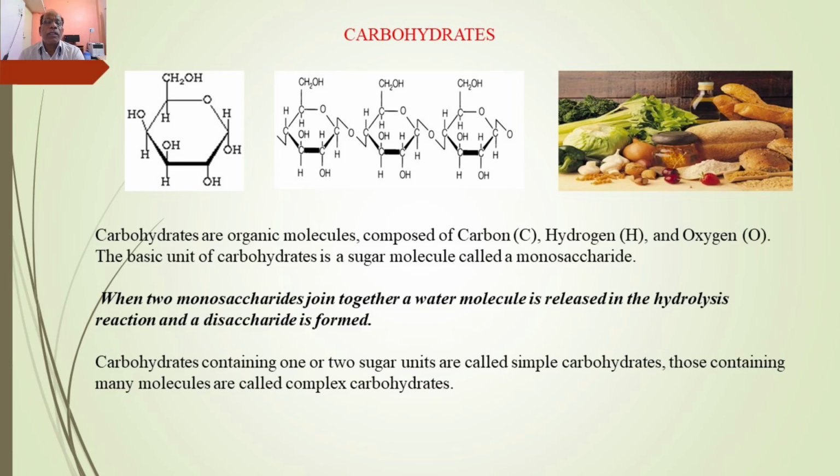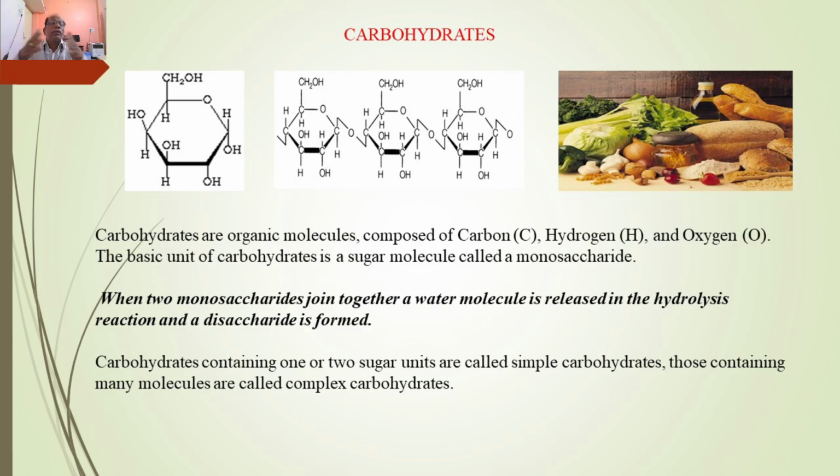Carbohydrates are organic molecules composed of carbon, hydrogen and oxygen. The basic unit of carbohydrates is a sugar molecule called a monosaccharide. So the basic unit or monomer of the carbohydrates is a sugar, and this sugar molecule is called a monosaccharide. For example, glucose, fructose, galactose are sugar molecules and are the basic units of the carbohydrates.